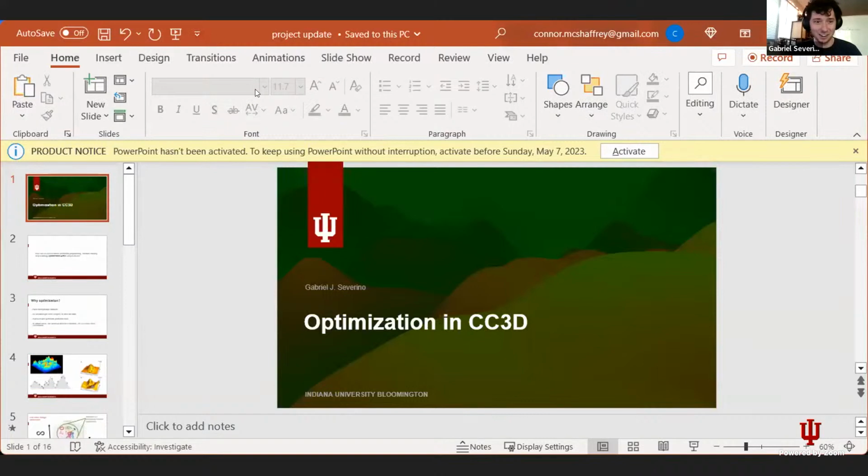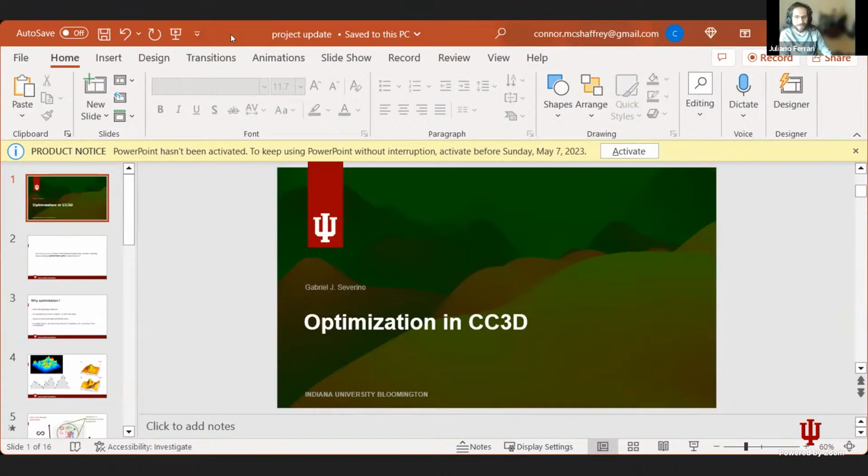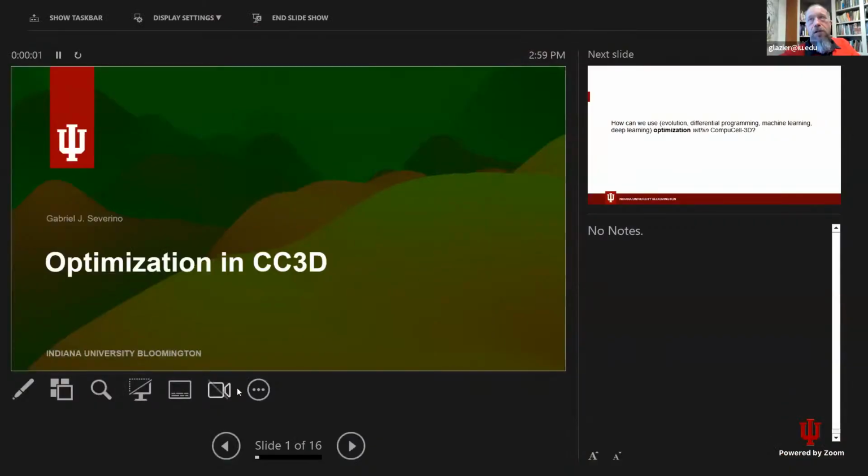I'm using Connor's here actually, but does anybody know how to not launch it in presenter mode? If you do launch it, I think there may be some options. So launch it just as slideshow, and now go reshare, and you should have an option to just share the other PowerPoint side. Gotcha.